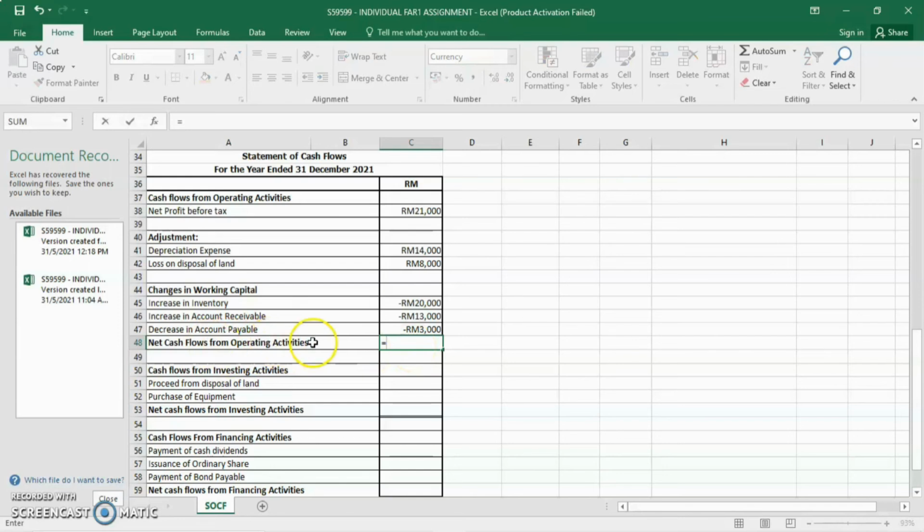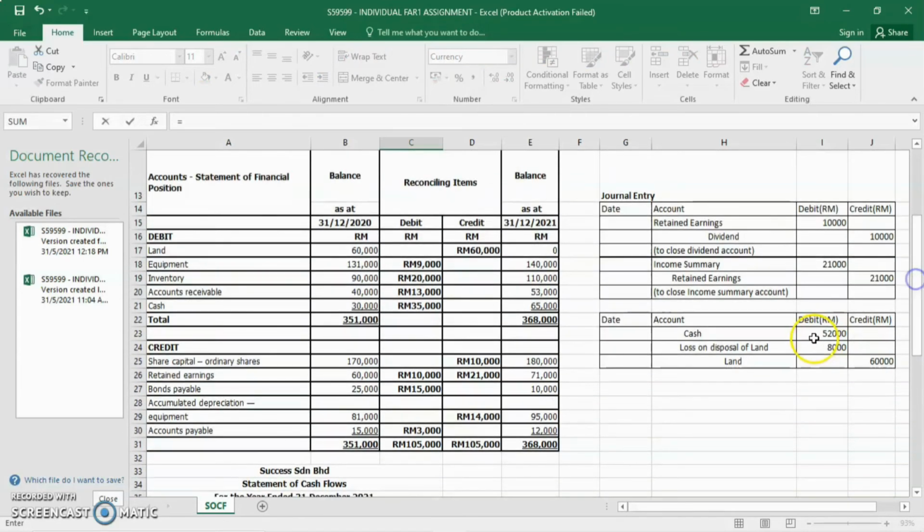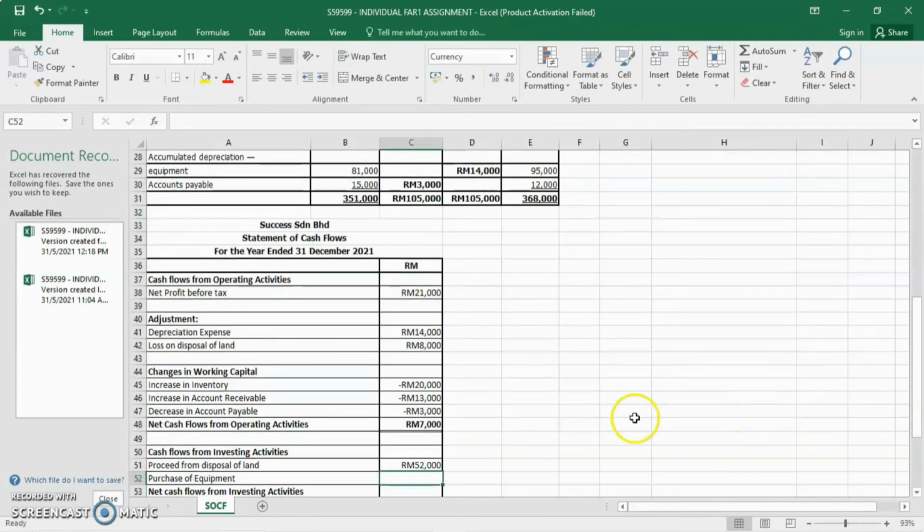Net cash flow from operating activity, we must sum all of this. And get 7,000. Cash flow from investing activity, proceed from disposal of land is cash 52,000.